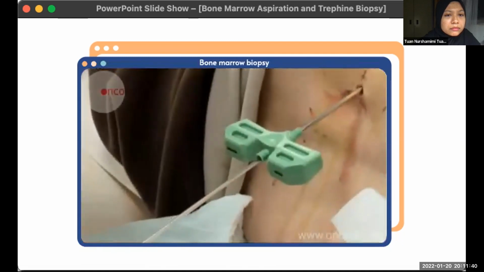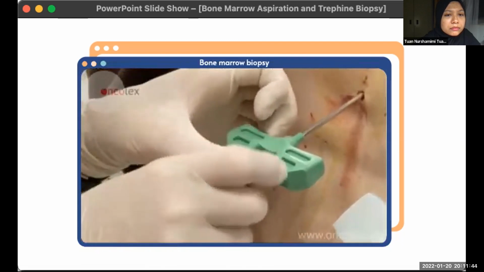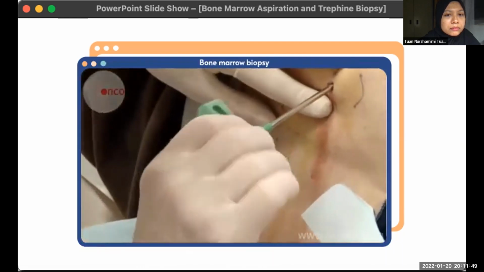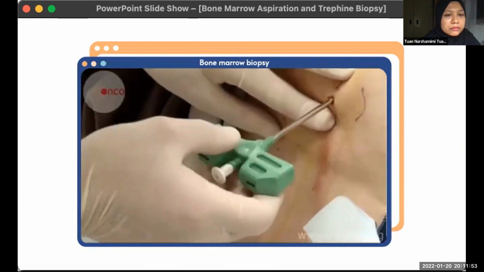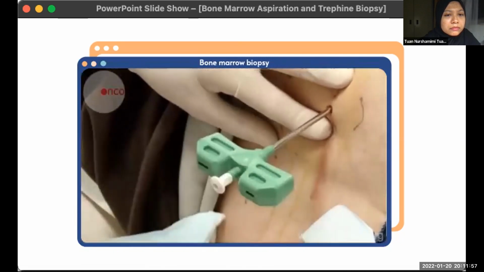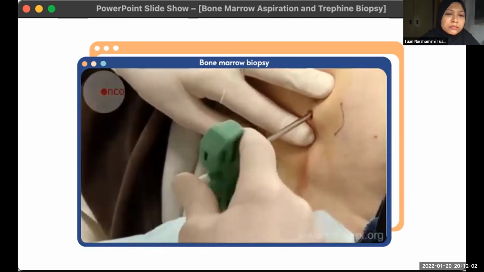The spoon is inserted into the needle. The biopsy needle is rotated without pressure in both directions to cut the biopsy loose. The needle with spoon and biopsy is pulled out.